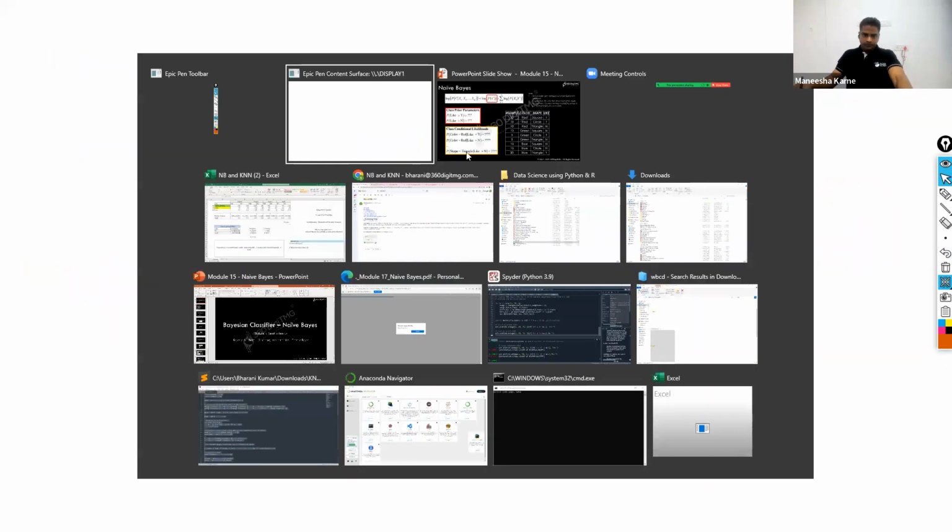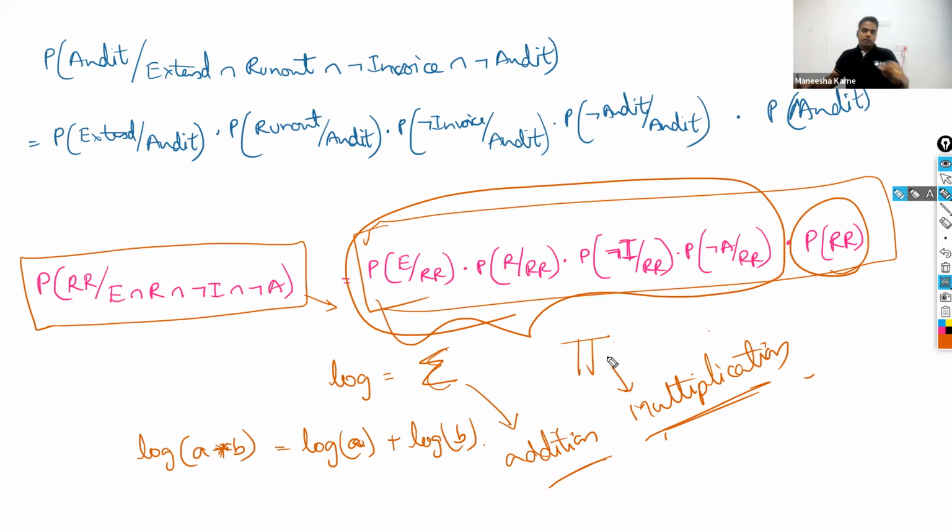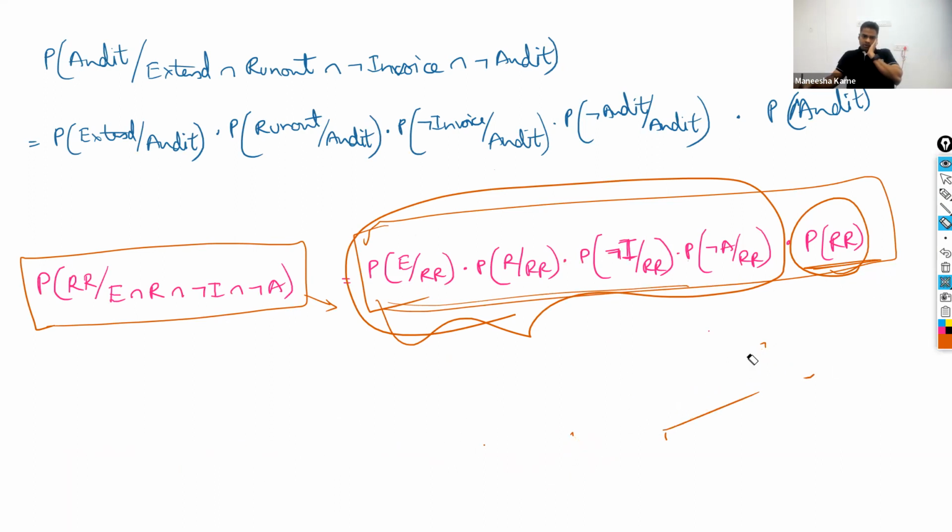So you say probability of the class plus log of probability of word given class. Look at this. When I use this as A and this as B, how will the formula look like? Log of A plus log of B when you take log.